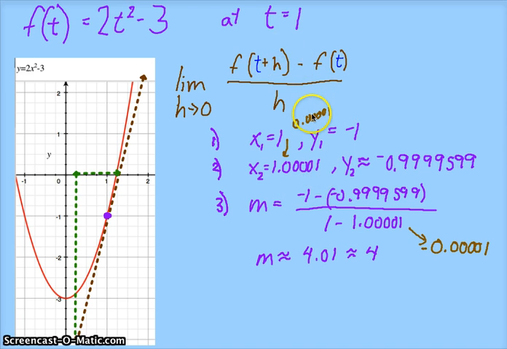That's our h. So we're saying as the difference approaches 0, as I get really, really close to 1, by choosing x values very close to 1, I could go 1.00000000000000001, right? So I'm approaching 0.